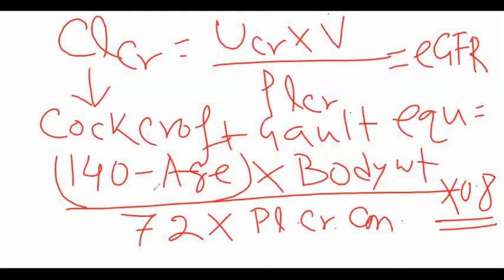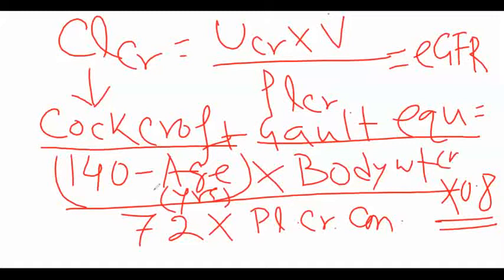So this is the Cockcroft-Gault equation, where 140 minus age in years times body weight in kg is divided by 72 times plasma creatinine concentration in milligram per dl. So this is all about creatinine clearance, and this estimation can be done to assess the eGFR, which is a little bit lesser than the normal GFR.